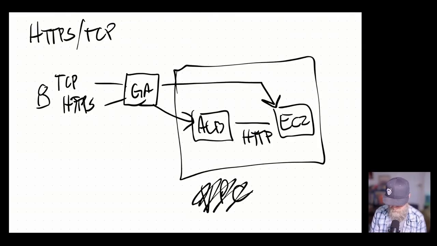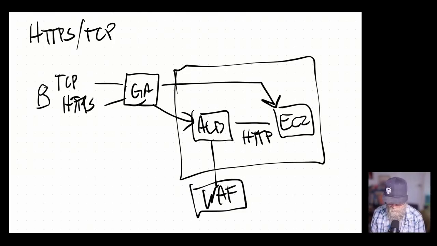The other piece that I'm not showing here is we also wanted to add a layer of protection with a WAF. So we can hang that WAF off of the load balancer and satisfy this interesting use case by using the global accelerator as our entry point, and then based on the type of traffic, sending it a different route to get to ultimately the destination that's an EC2 instance.